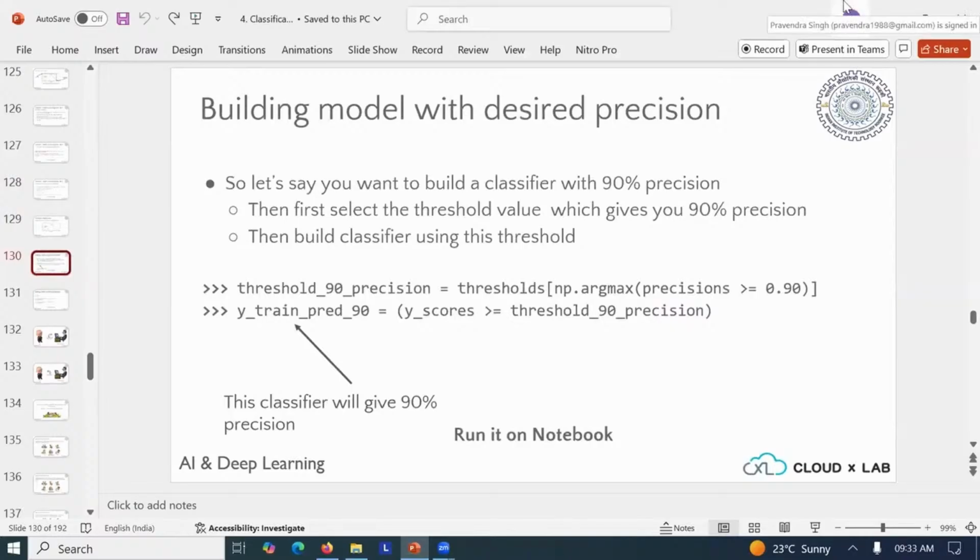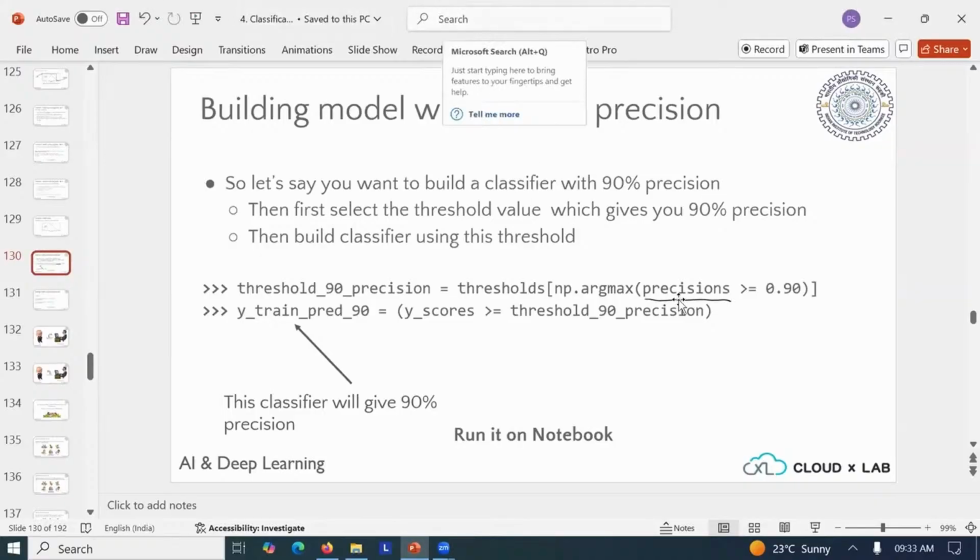So assume we are having this vector, because if you call this function, we will get three vectors: precision, recall, and thresholds, right? Now we want to get the threshold which gives 90% precision.